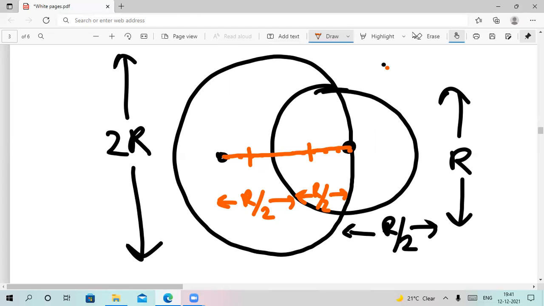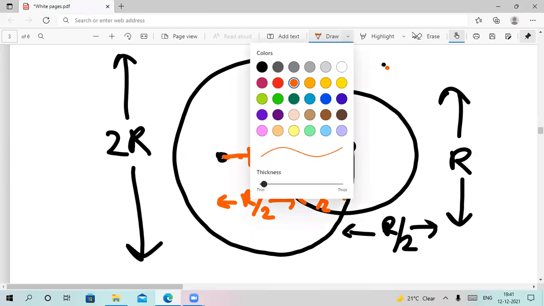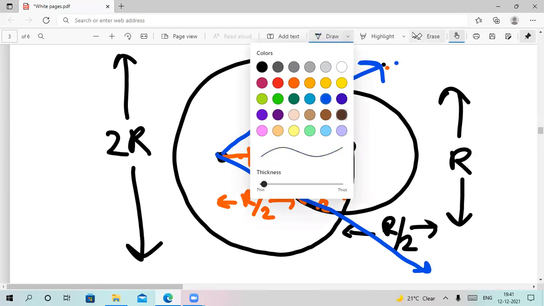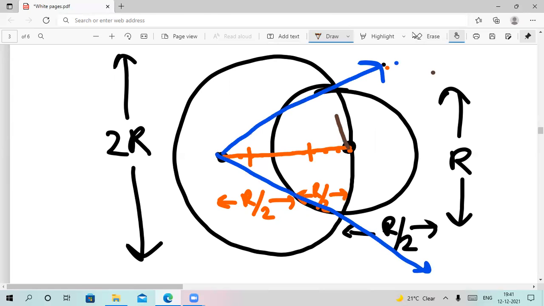This is the first thing we need to take into consideration. Then I will drop tangents here. This is the first tangent, and this is the second tangent. So these are the two things. And then I will now induce this line and this line here.